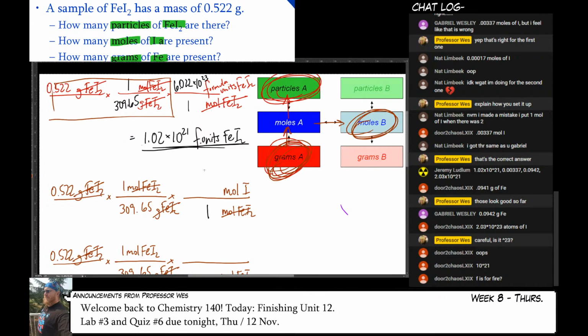For every mole of FeI2, there are 2 moles of iodine, which means that when I punch that in the calculator, and the number that was in chat was also correct, 3. Oops, I forgot a 3. There you go.